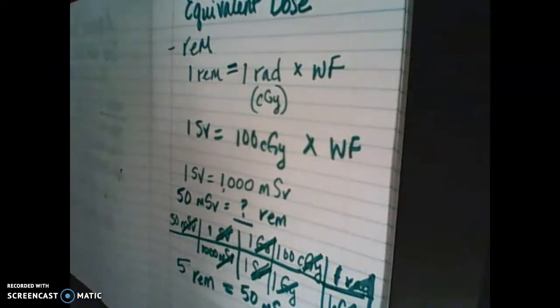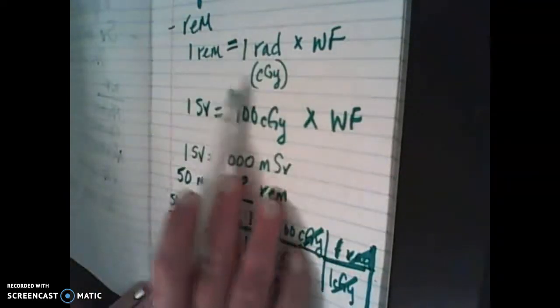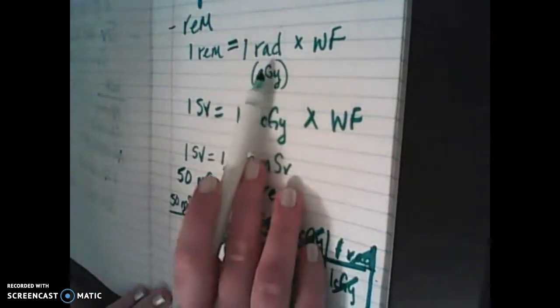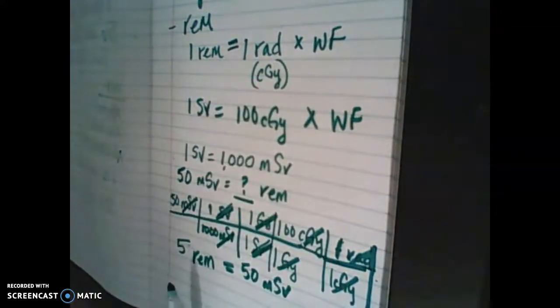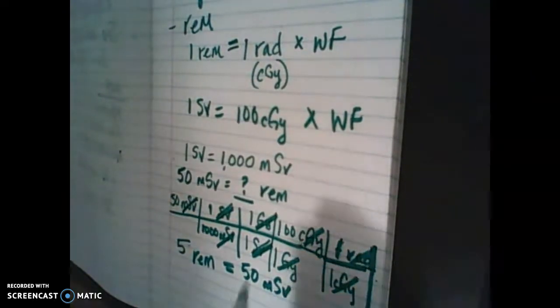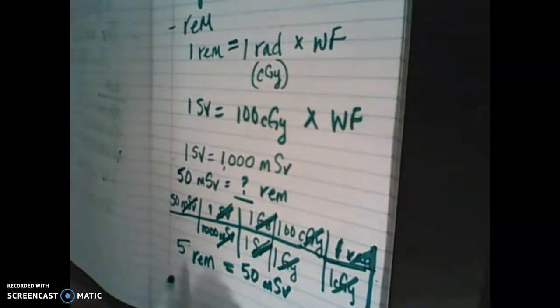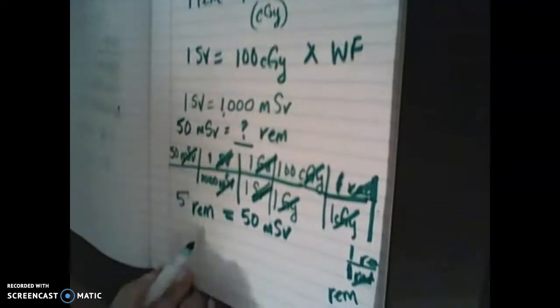So if you convert that 100 centigray into the millisievert, that's a difference of 10. Between centi and milli, that's a difference of 10. And so the rem is on par with the centigray, so it's that size unit. And the millisievert is a smaller unit than the rem because it takes more millisieverts to equal the rems.